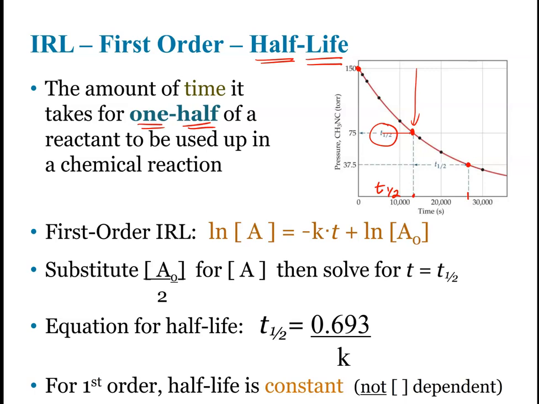If I told you that the half-life of a certain reaction, designated as T 1/2, with a subscript 1/2, was 12 seconds, and the half-life of a different reaction was 500 seconds, you know that the first reaction is going to be a much faster reaction, because it's only going to take 12 seconds for half of the reactant to be used up, versus the other reaction where it's going to take 500 seconds for half of the reactant to be used up.